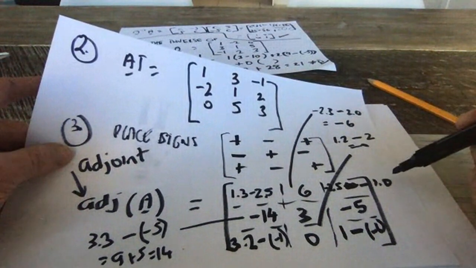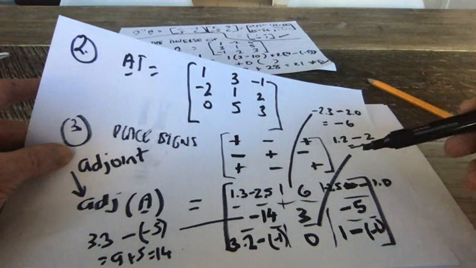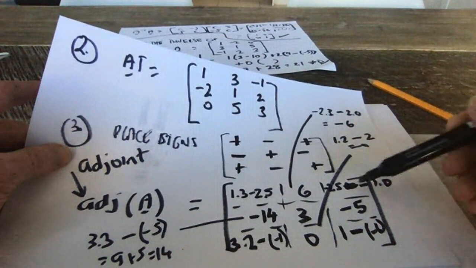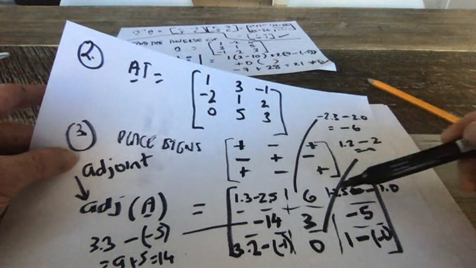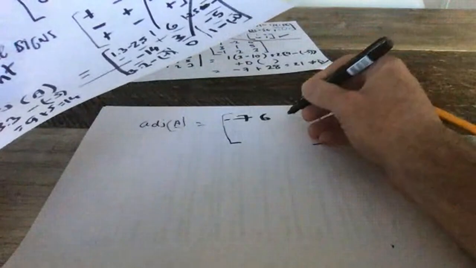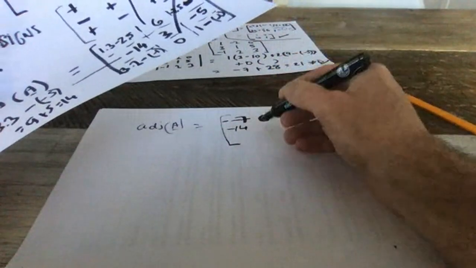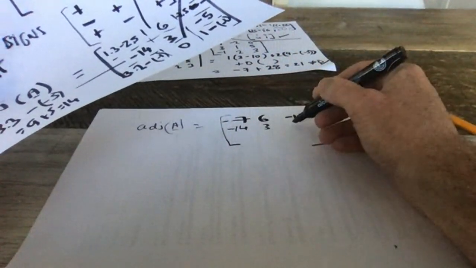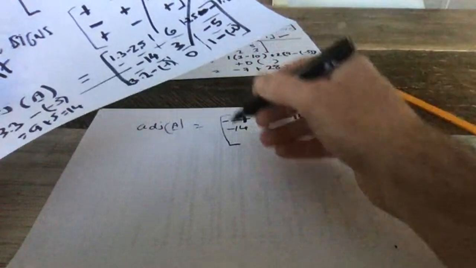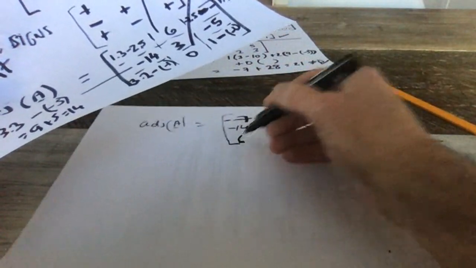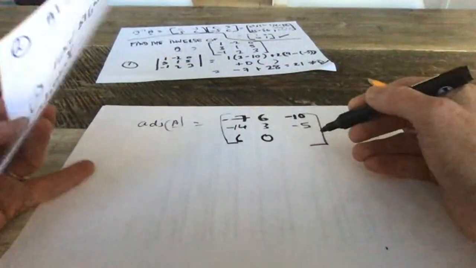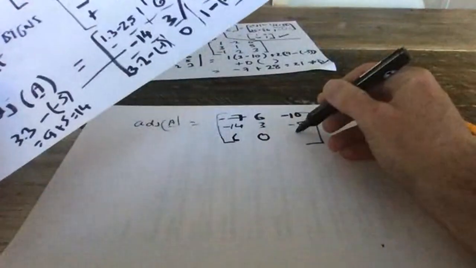This entry here, we said was minus 10, because the place sign is plus, so it's minus 2 by 5, which is minus 10. We said this entry here is minus 14. This entry here is 3. This is minus 5. And the last row is 6, 0, and the last entry there is 7.